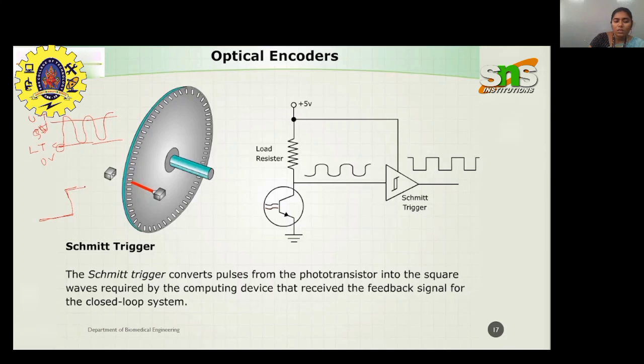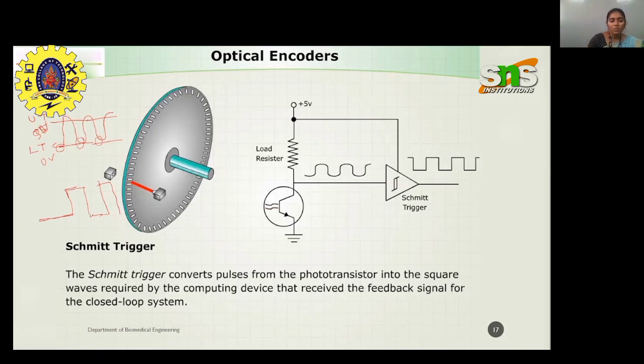Once it meets the lower threshold, again it goes down. When it crosses the upper threshold, again it goes up, and when it reaches the lower threshold, again it goes down. It keeps generating the train pulse waveform like this, that is a square train pulse. This is the actual output of the schematic.